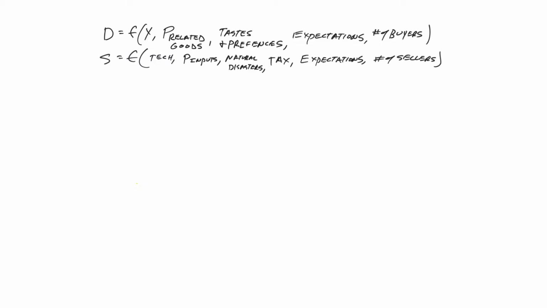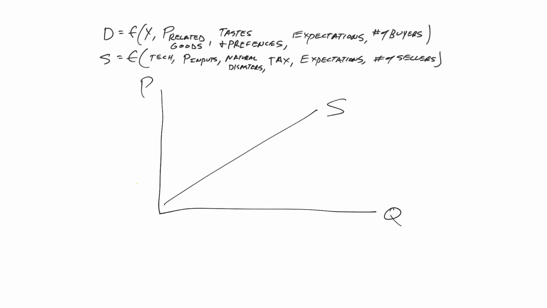Okay, so let's draw a curve and let's play around with this. Here's the price and quantity and supply and demand for bicycles. There's our equilibrium price. Here's our equilibrium quantity.